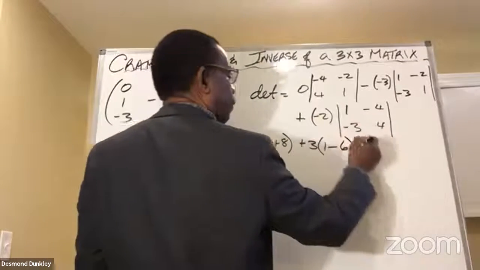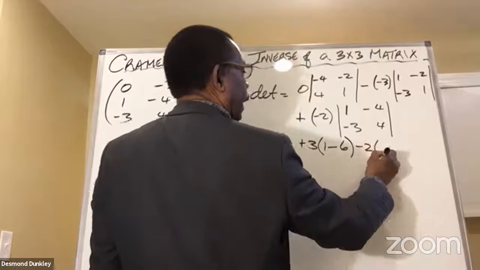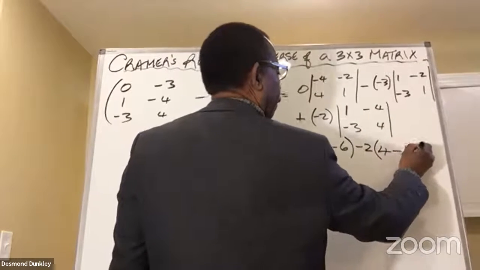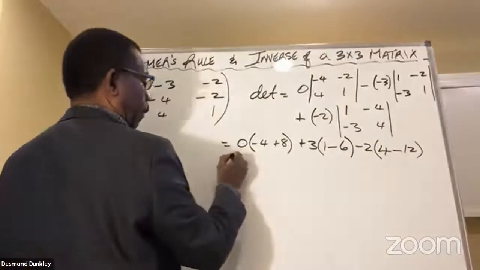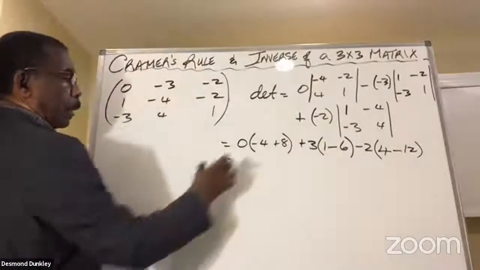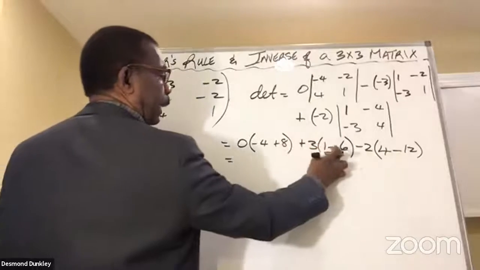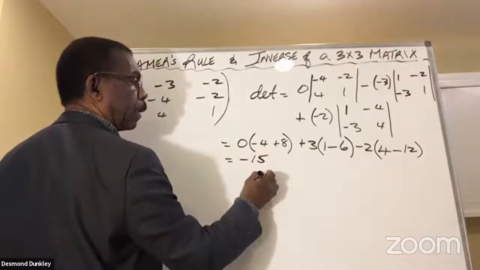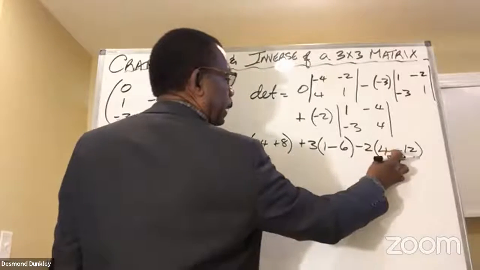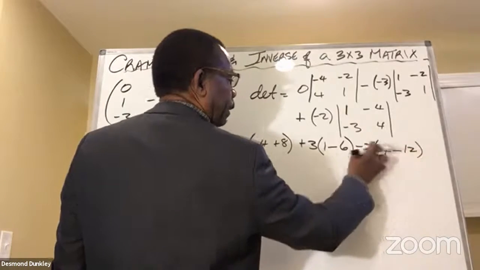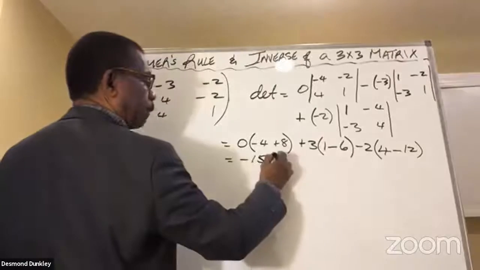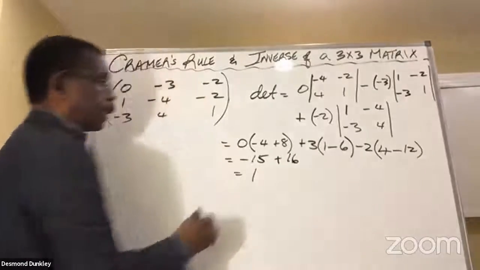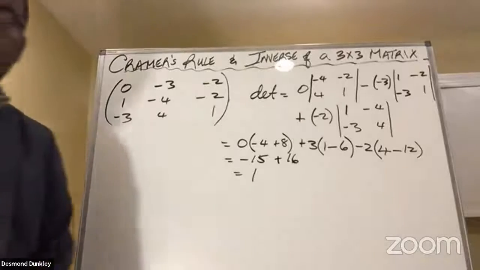And then -2 times 4 minus 12. What's that equal to? This is 0. 1 take away 6 is -5, so it's -15. And then this is -8 times -2 gives me +16. So I end up with determinant of 1.